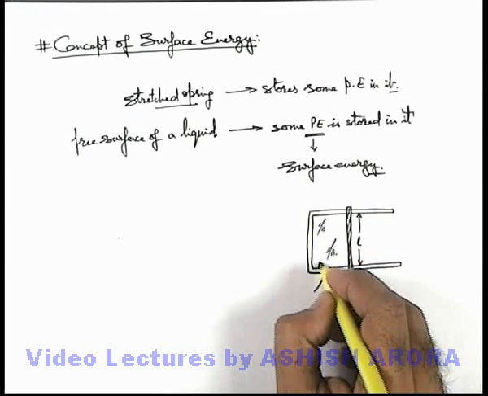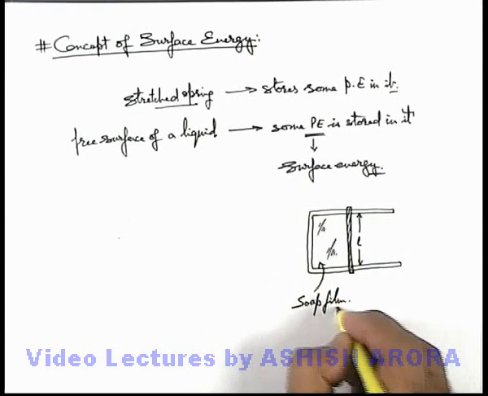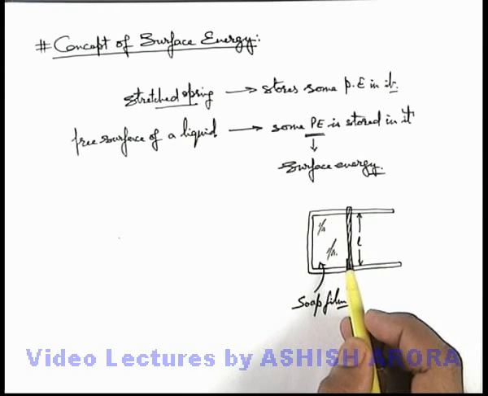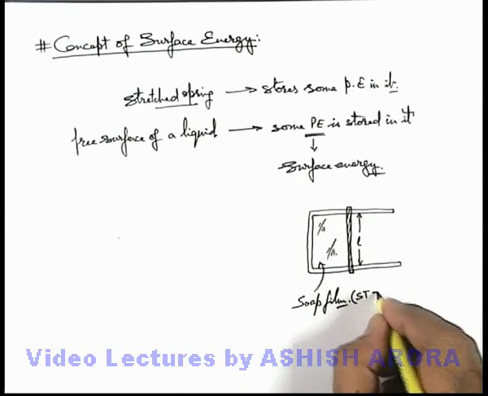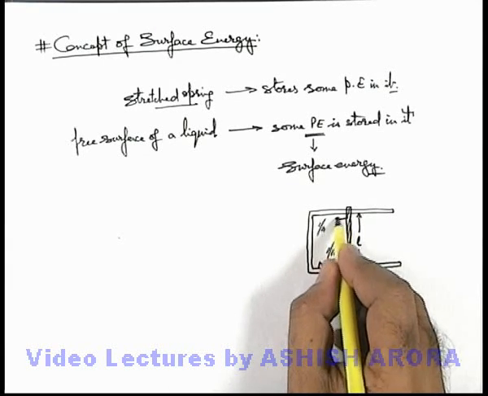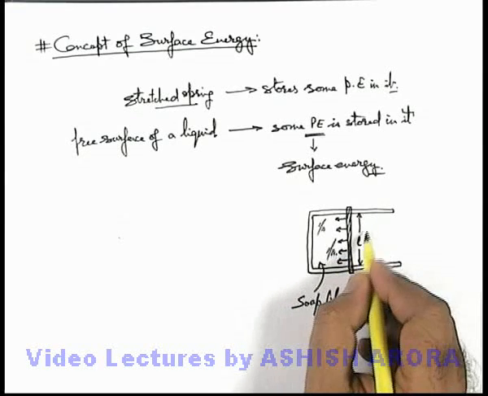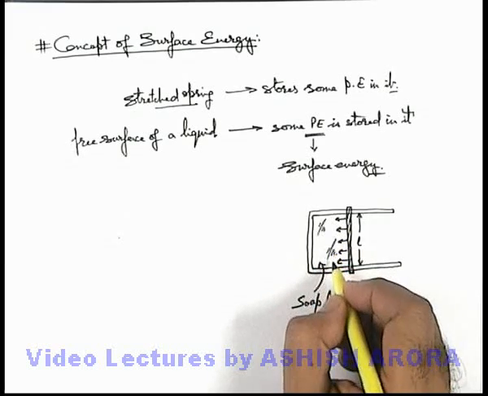Then obviously the soap film will act like a stretched membrane due to its surface tension. If the soap film has surface tension T, then this will exert a force on the slider in the leftward direction, as on the right side there is no liquid, and on the left side of the slider there is a soap film.